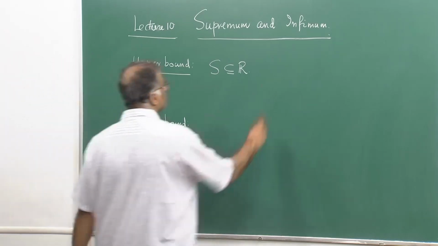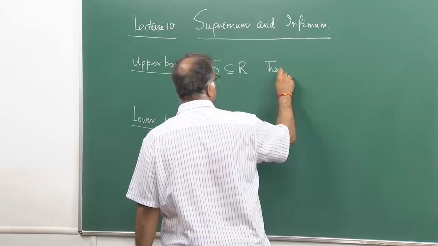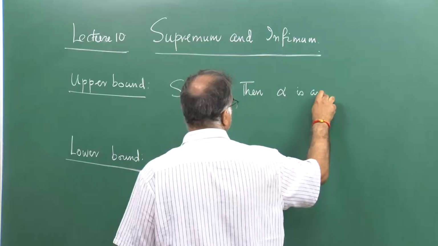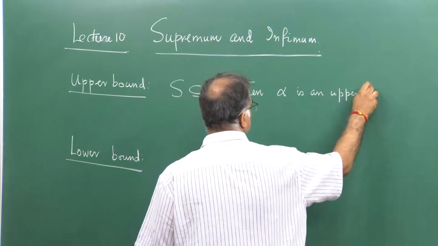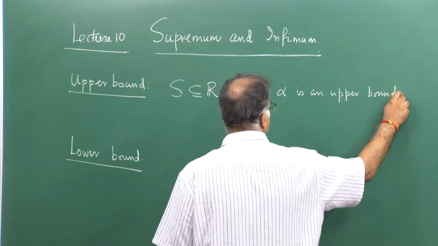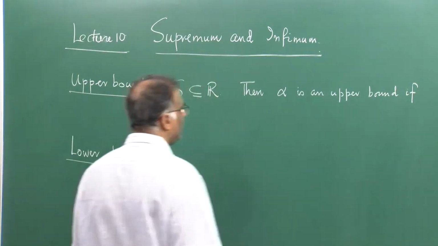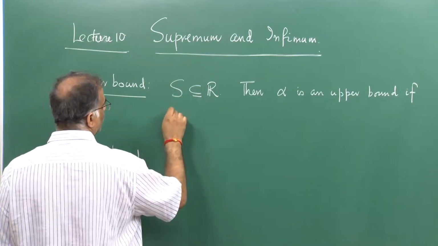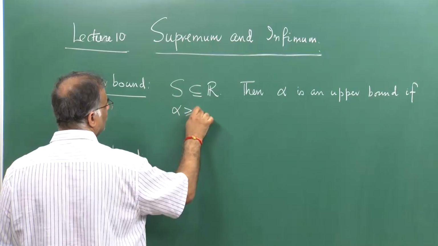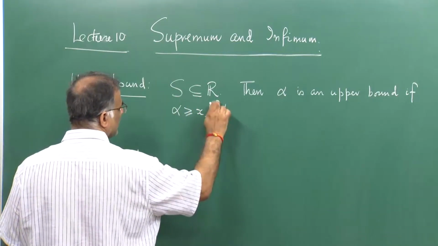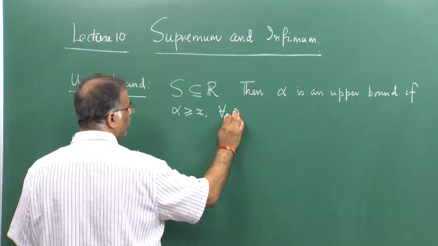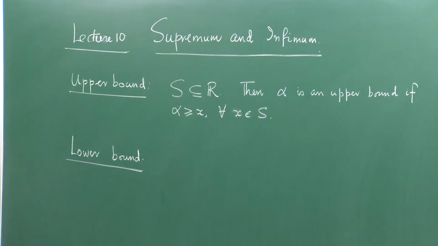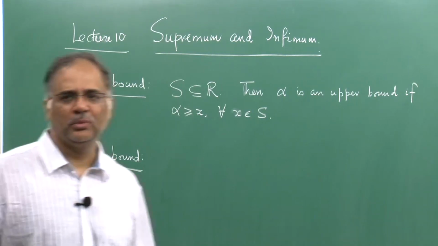Then alpha is an upper bound if alpha is greater than or equal to x for all, this inverted A is the sign for all, x element of S. So, any number which is bigger than alpha is also an upper bound.